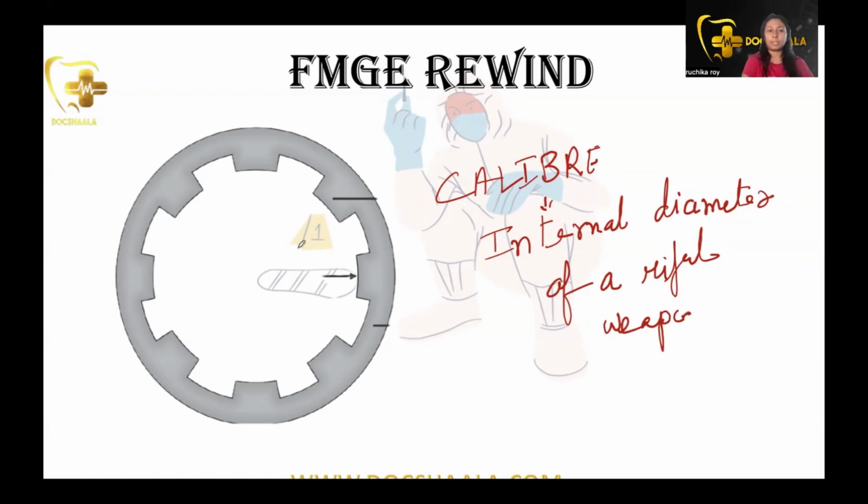So if you see in the picture, in the rifle weapon, these are known as the lands. The raised area is known as land, and the depressed area is known as grooves. And the internal diameter is measured by the distance between the two opposite lands.